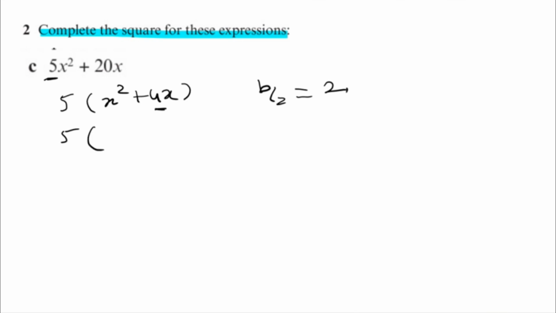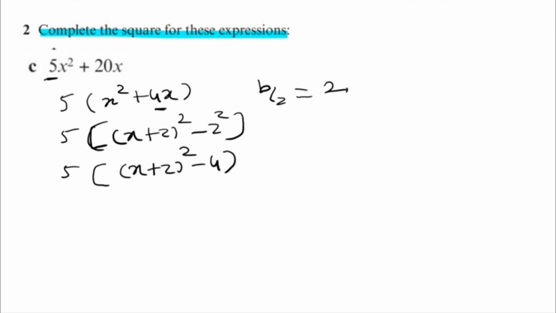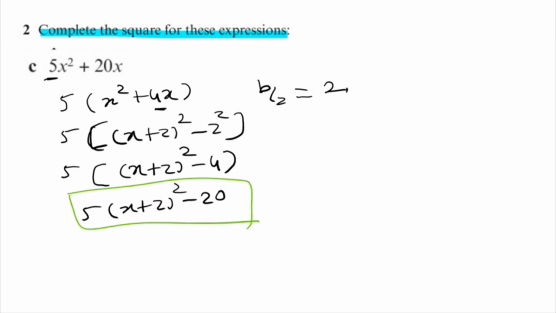So 5 into, put a big bracket, x plus 2 squared minus 2 squared. Simplify the bracket, x plus 2 squared minus 4. Now open the bracket, multiply 5 with the bracket. So 5 into x plus 2 squared minus 20. So that's our answer for this question.